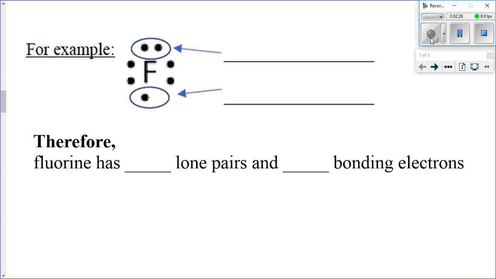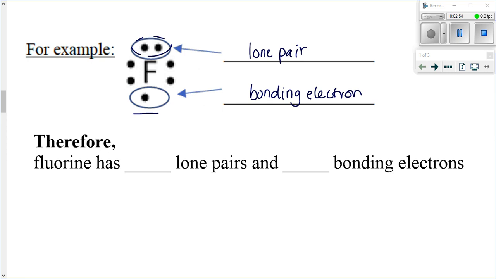For example, if we are looking at fluorine here, these 2 electrons that are paired up together are considered a lone pair. This electron that is by itself is considered a bonding electron. Therefore, fluorine can make 1 bond.